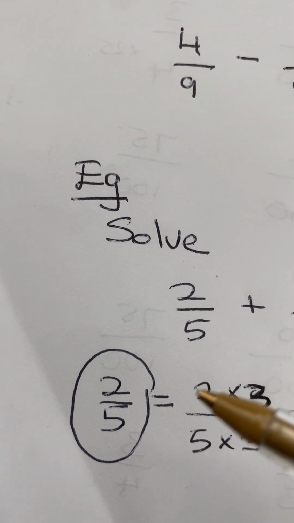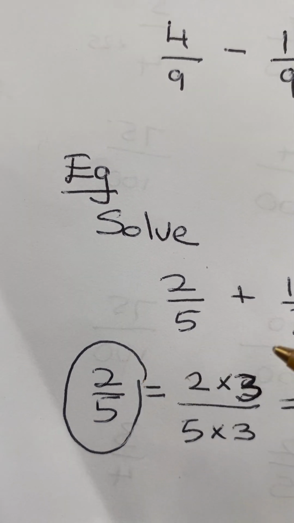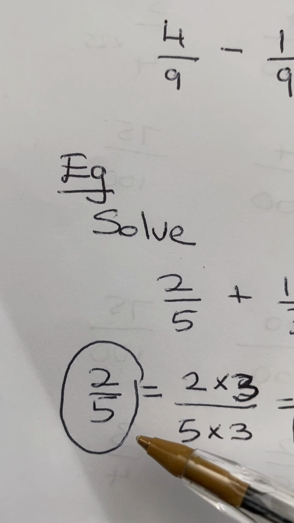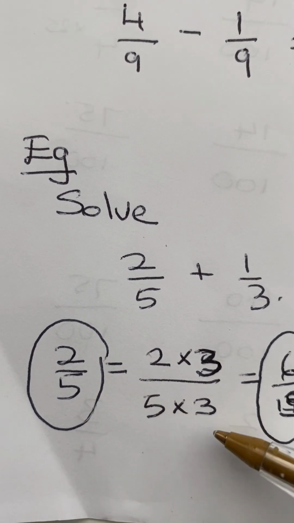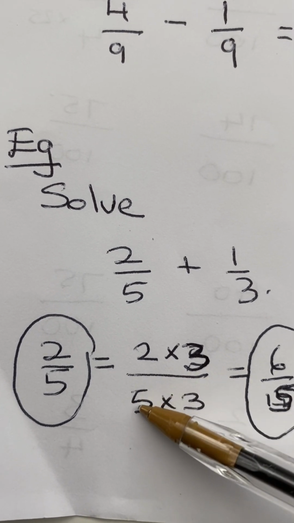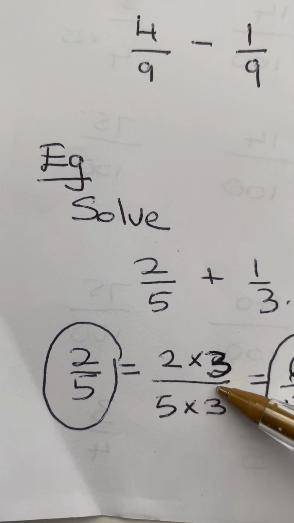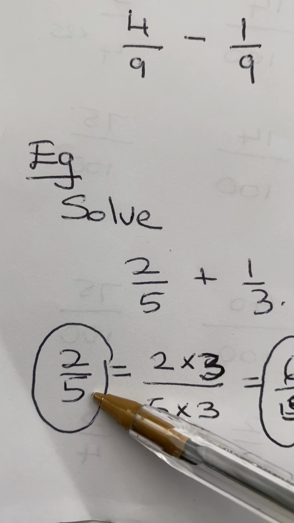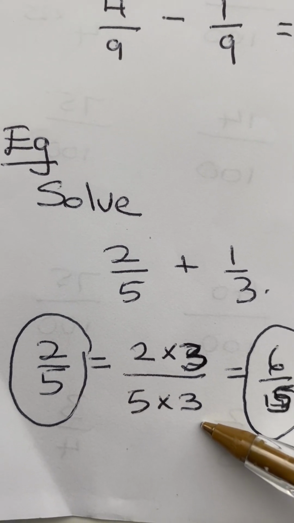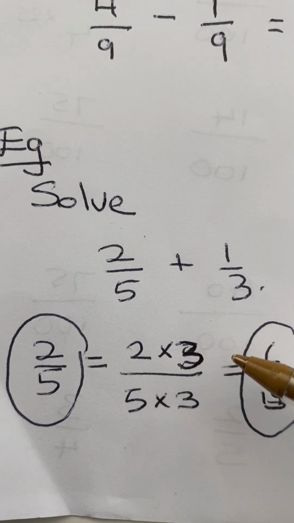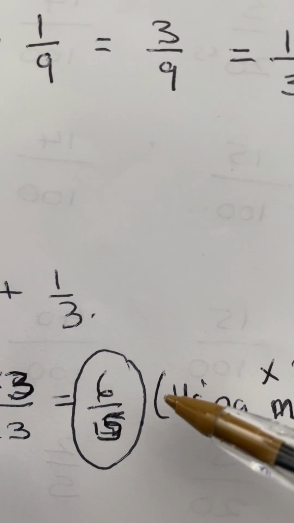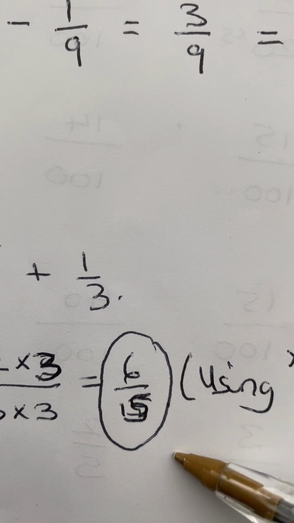I'll multiply 2 by 3 and 5 by 3, because that's the only way I can get the denominator of 15. Because I multiply 5 by 3 there, and I multiply 2 by 3, my new fraction will be 6 over 15.